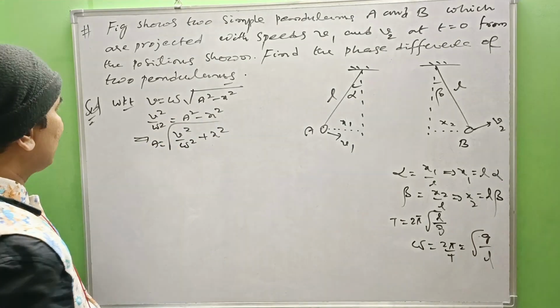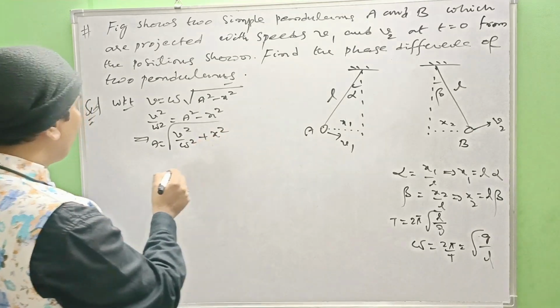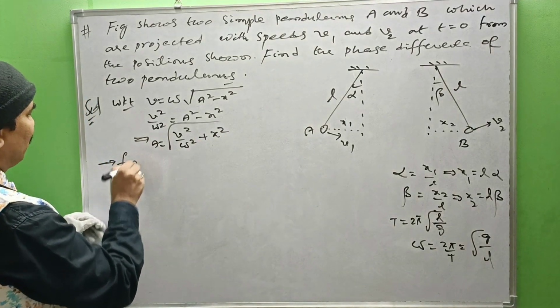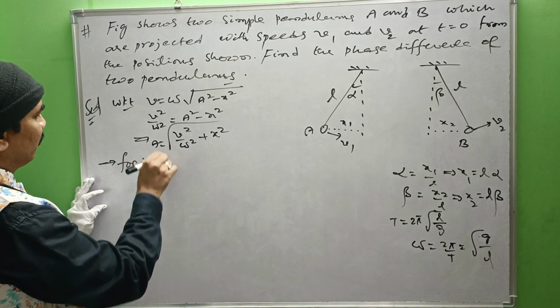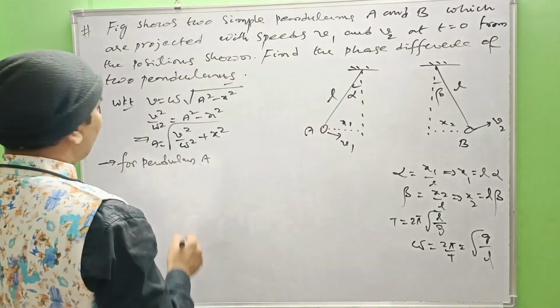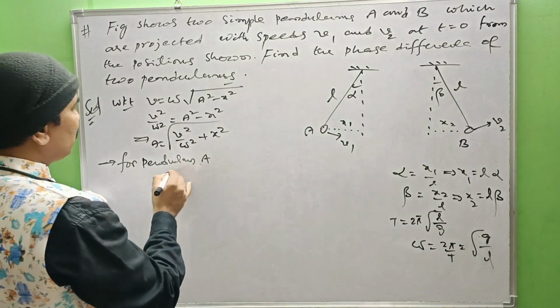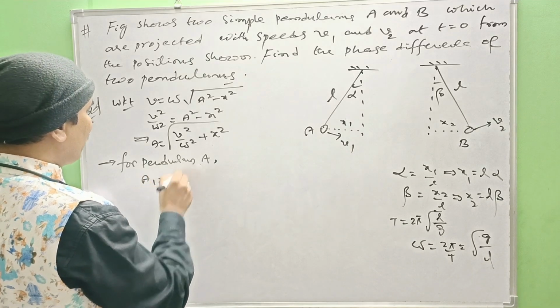So a equal to root of V square by omega square plus x square, right? So coming to pendulum A, A1 equal to root of V square by omega square.